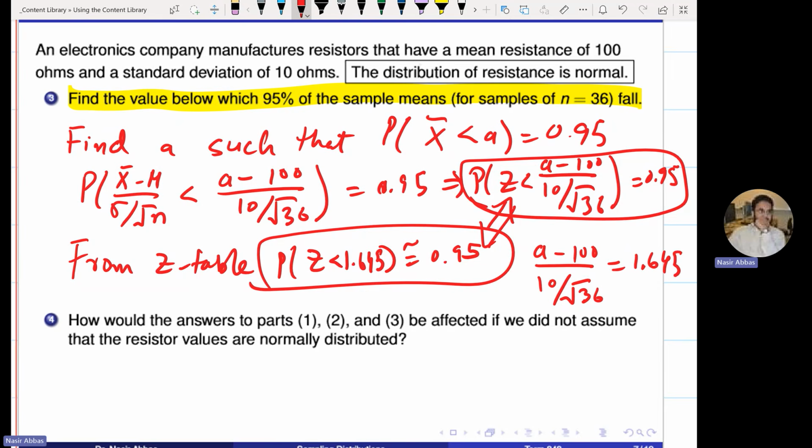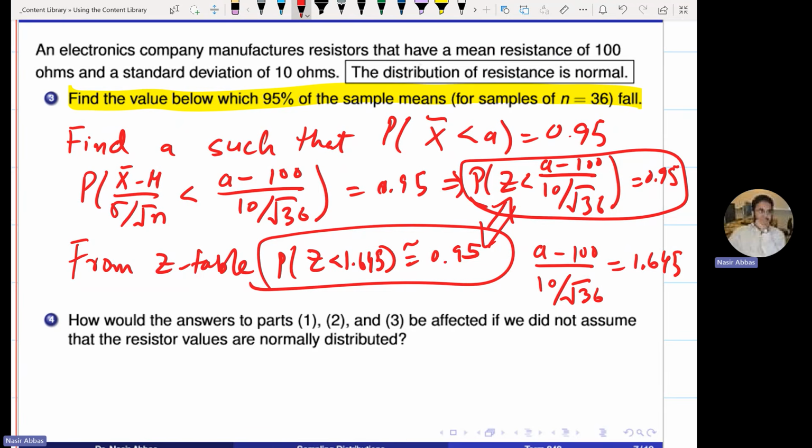Solve it for A. A will be 100 plus 1.645 times 10 over 6, whatever you get. Read the last part.